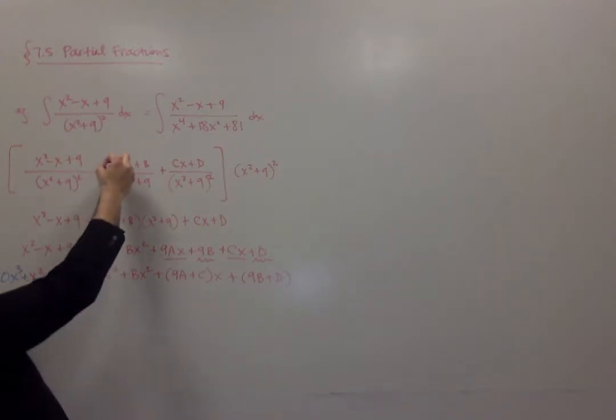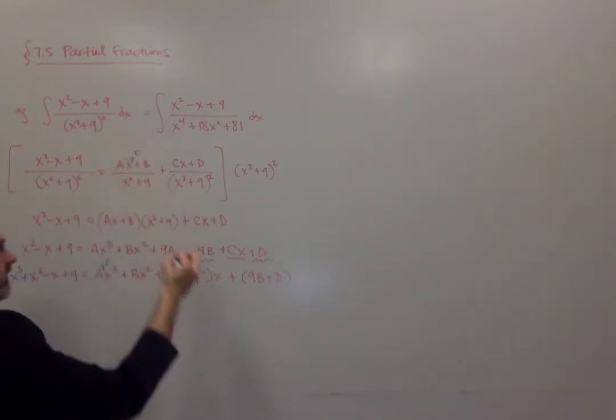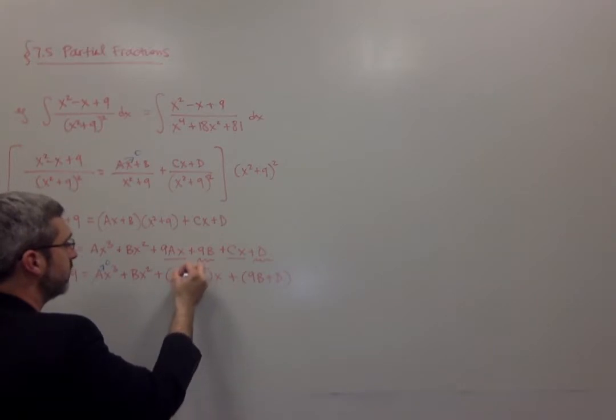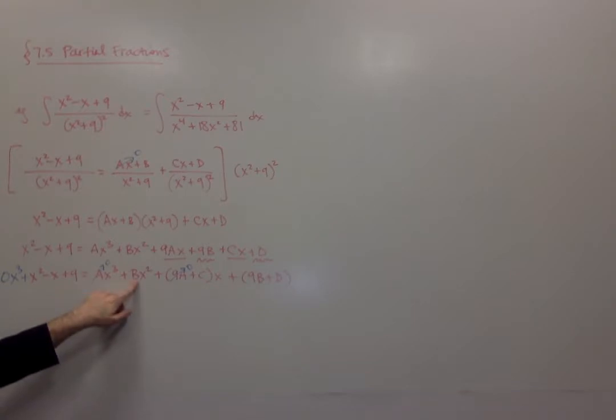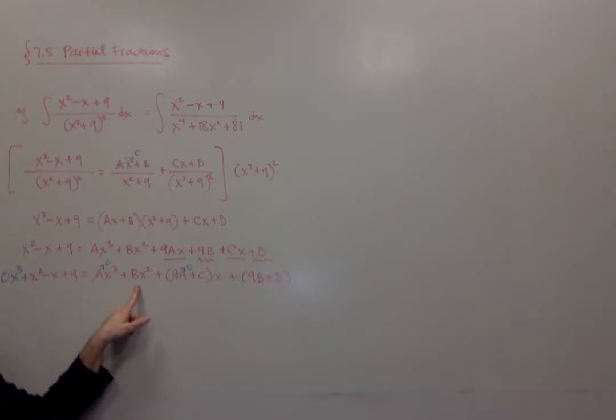Well, that's super nice, because that means that this term's also 0. Okay? Well, that's good. Now compare, here's the x squared term on this side, and here's the x squared term on this side. What does that tell you about b? B has to be 1, right?